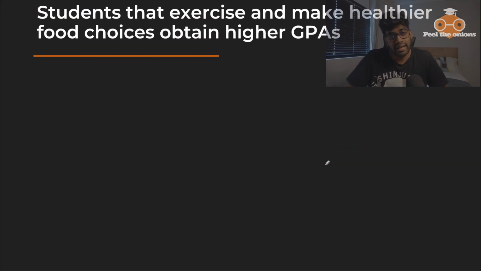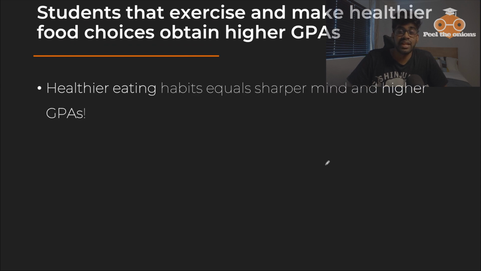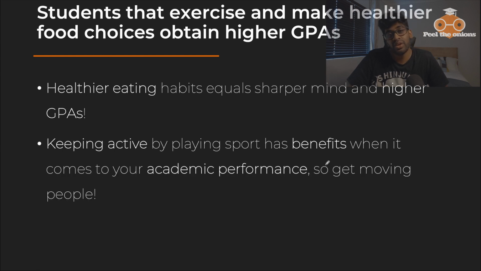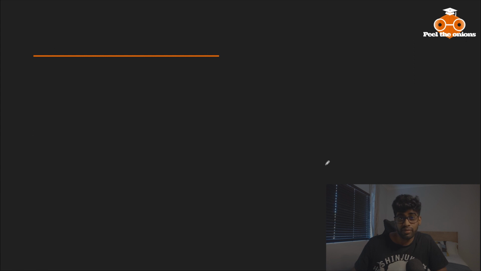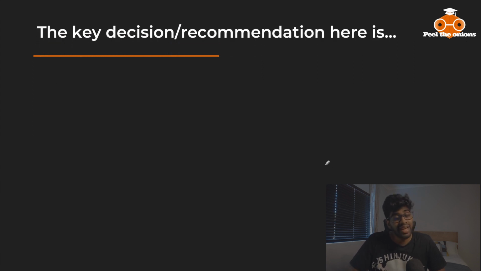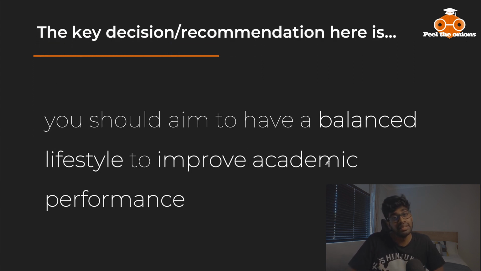Based on this data, we can see that healthier eating habits result in a higher GPA. And similarly, when you play sport or do some sort of exercise, it also results in a higher GPA. Possibly because both of these things give you a sharper mind. My recommendation based on this data is to aim for a healthy, balanced lifestyle. This could result in getting better grades.